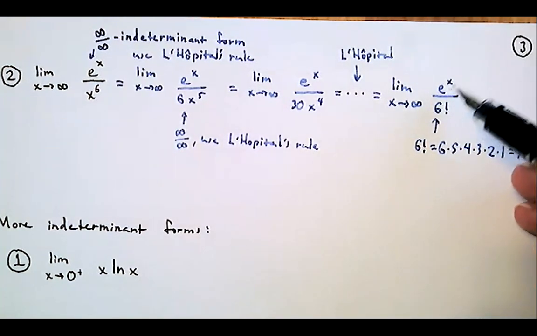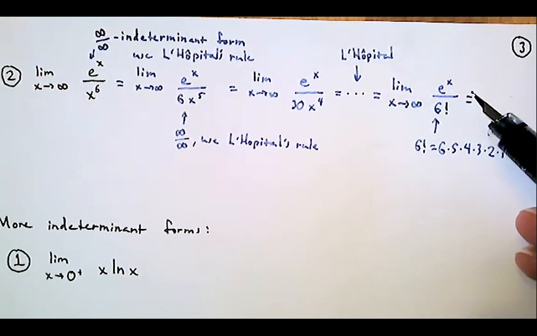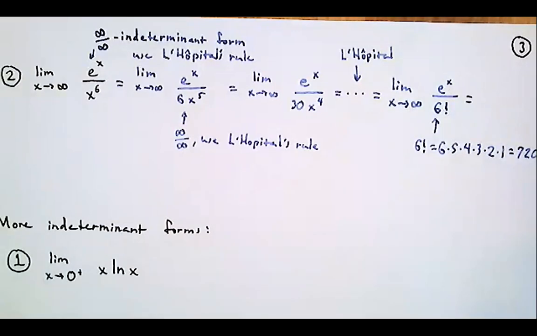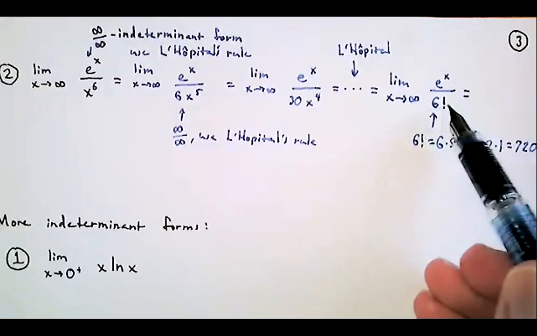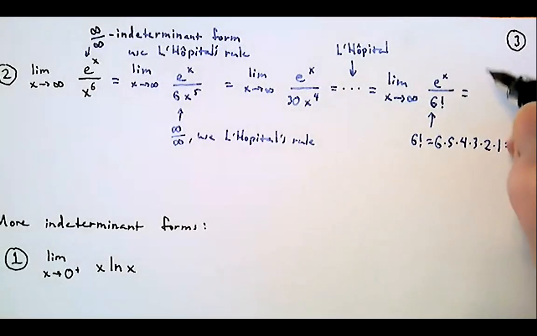Well, think about it. E to the x is still going to get larger and larger, and we're just dividing by a constant now. So this thing is going to blow up to infinity.